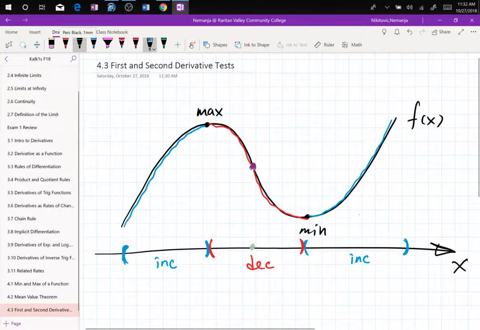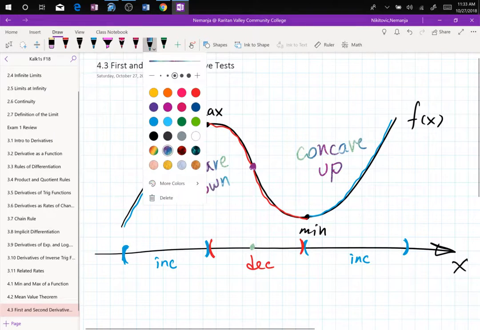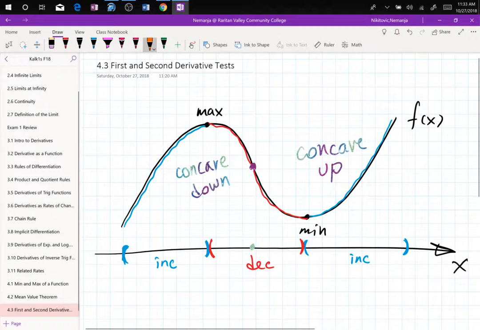We are going to have a concept of concave down, and then concave up. This was a terrible idea. But there you go. All right, fine. Now I'm just going to put this back to orange. There we go, perfect. Guys, these are the concepts that we are going to observe.